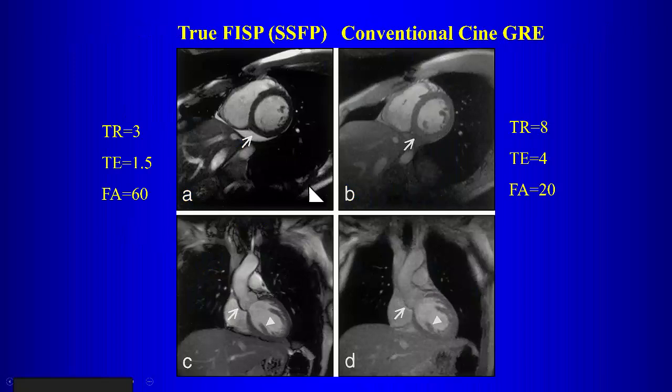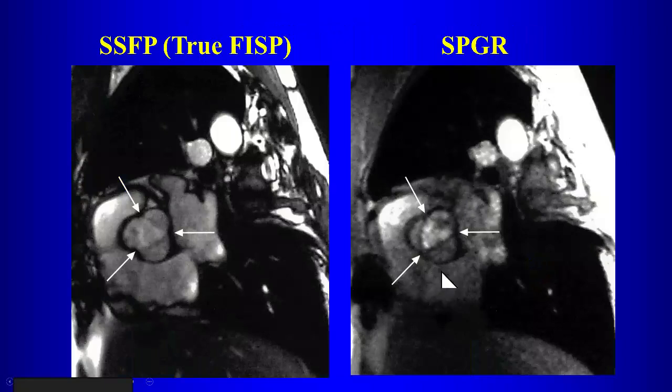Okay. Now the other thing, when you're looking at valves with MRI, we talked about these balanced gradient echo sequences, SSFP, but there are also these non-balanced sequences that you can use, conventional cine gradient echo sequences. These have somewhat longer TRs and TEs. But what this allows you to do, when you're dealing with the valves, is see the contrast between the valve and the blood flow a little bit easier on these sequences.